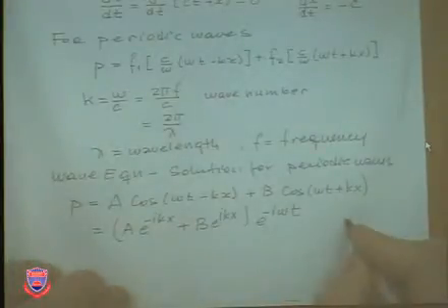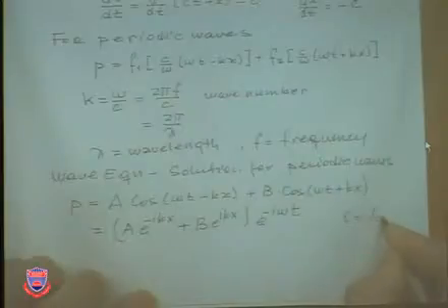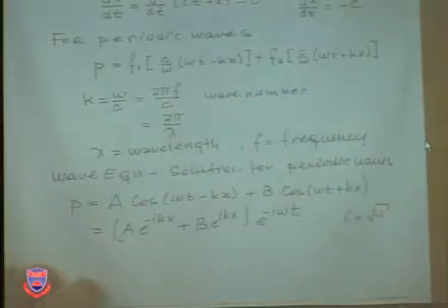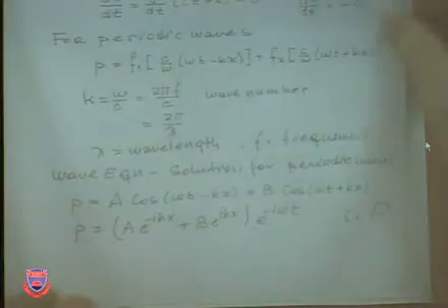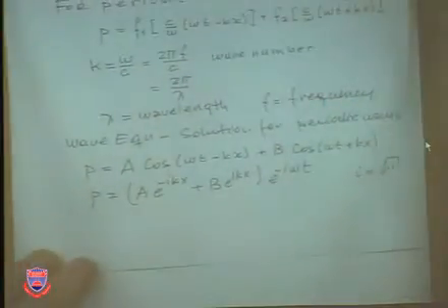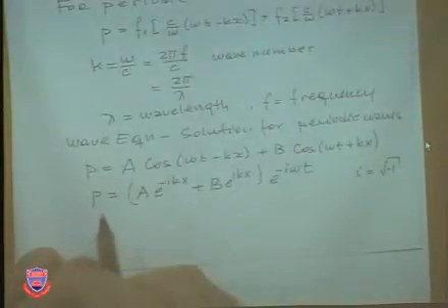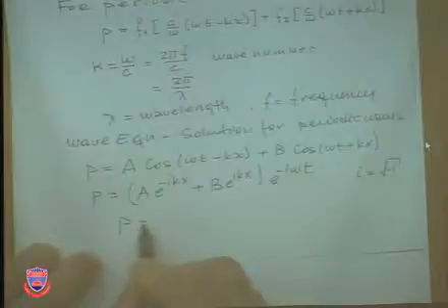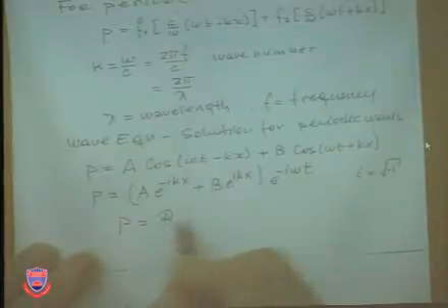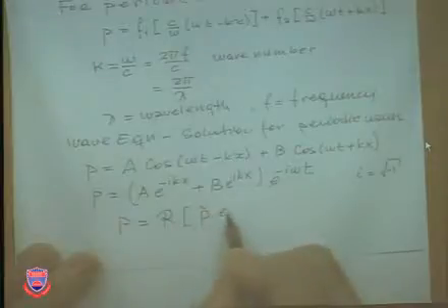Okay. Remember, i is the square root of -1, the complex shape. When you write it in a complex form like this, the actual pressure is the real part of the complex pressure.